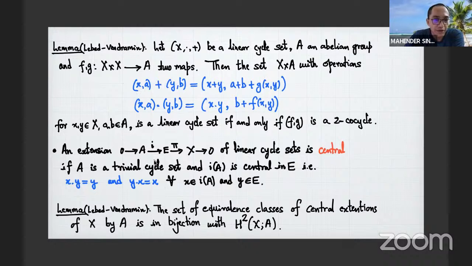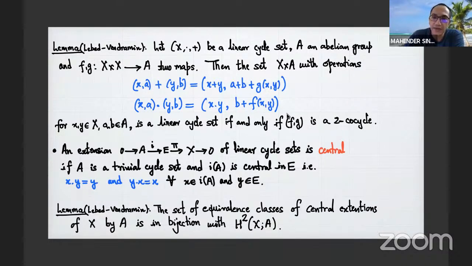So what Lebed and Vendramin observed is that if you have a linear cycle set and an abelian group and two maps from X cross X to A, then one can turn this Cartesian product X times A into a linear cycle set with these operations if and only if F, G is a two co-cycle.